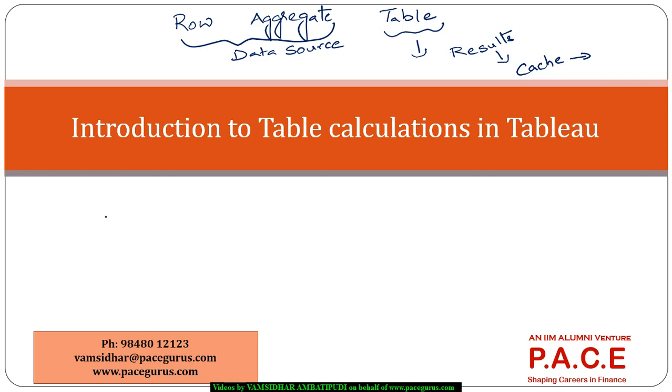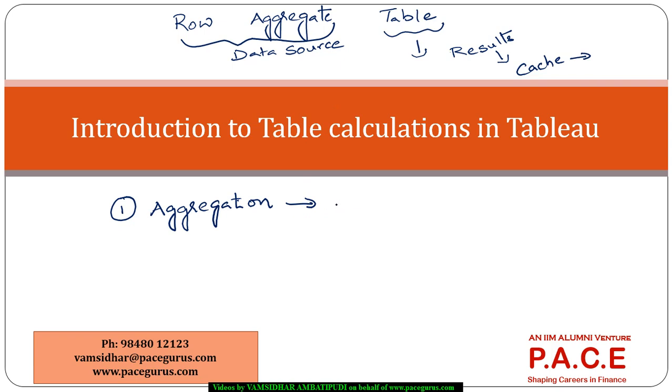A few important points that we need to understand regarding table calculations: one is we have to have a good understanding of the aggregation aspects. Table calculations always operate on aggregate data. They don't operate at a row level. So what we define as an aggregate, on that the table calculation is working.